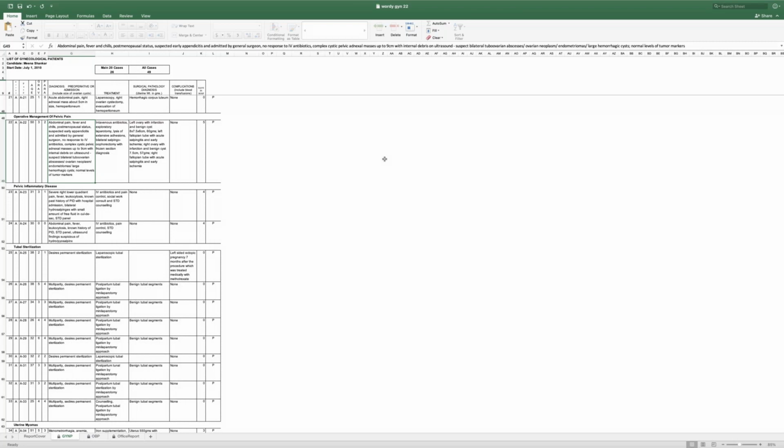Hi, thanks, great. So guys, if you're looking at this case list, what's just your general impression, looking at, let's say, patient 22? It's too wordy. Yep, it's definitely too wordy.